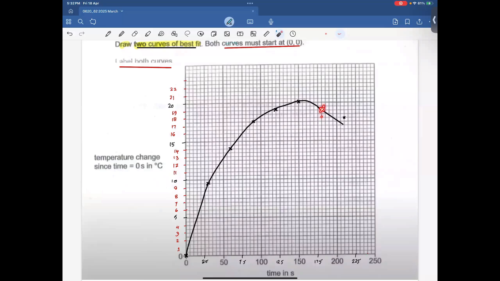That's fine. This is fine. This is also fine. And then 210. 18. 5, 10. 18. This is 15, 16, 17. And this one is 18. Okay.